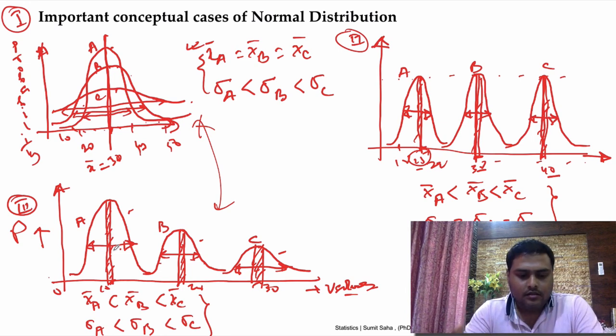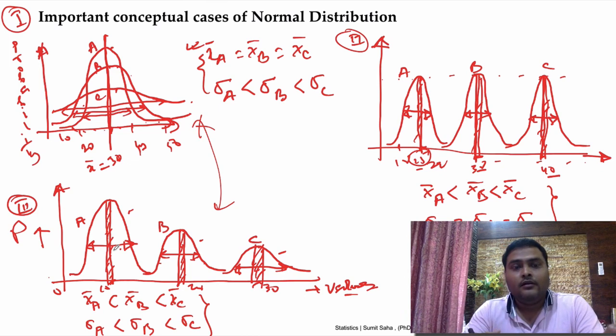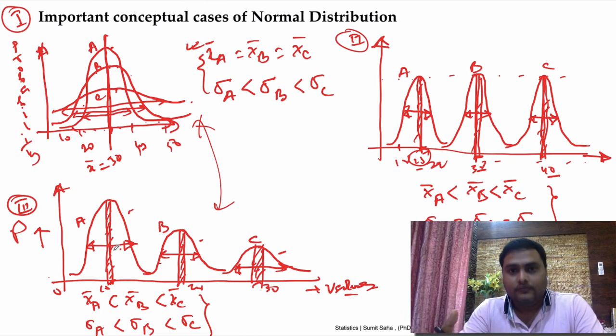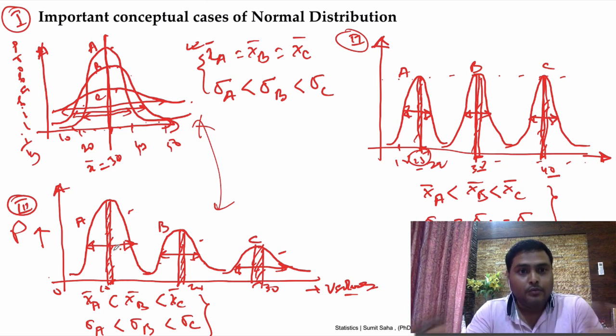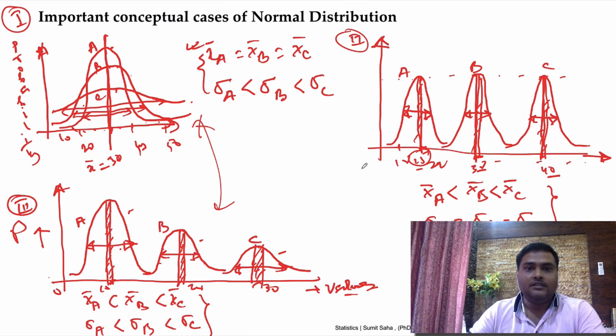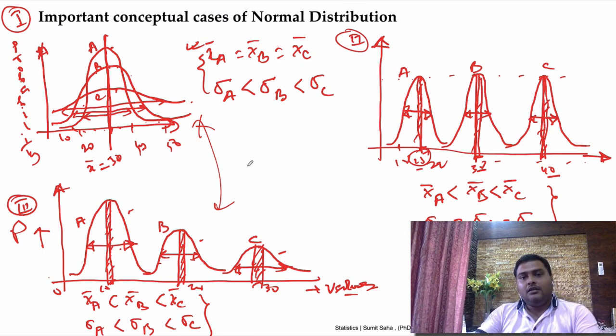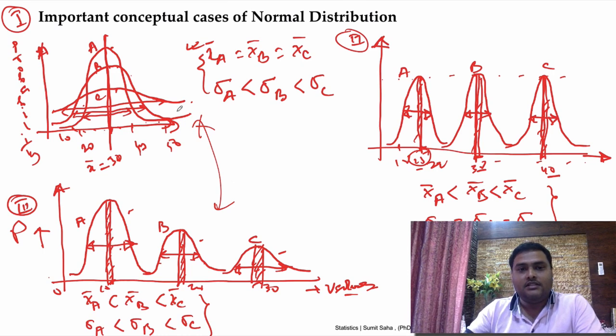Now these are the three main interpretations of three types of normally distributed curves, which are curve A, curve B and curve C, put together, and what kind of solution can happen. If I tell you the mean is the same but the standard deviation is different, then it represents this curve.